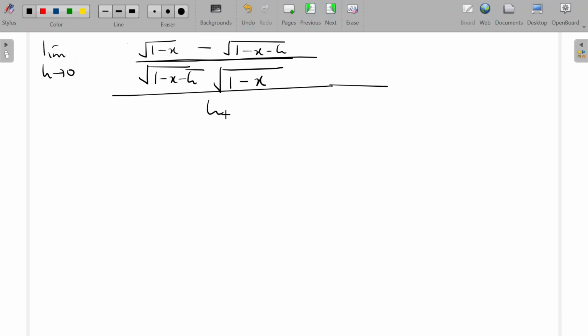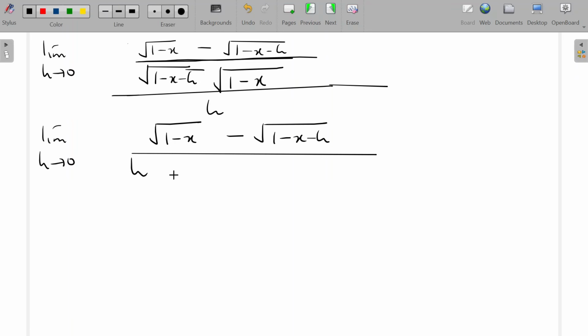Since I'm dividing, the h can come here. I'm going to have limit as h approaches 0 of the square root of 1 minus x minus the square root of 1 minus x minus h, over h, which comes in front of this.